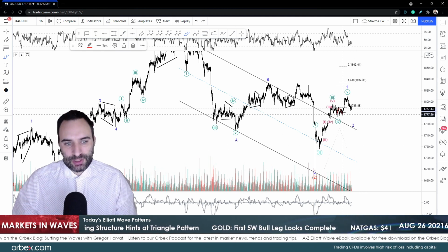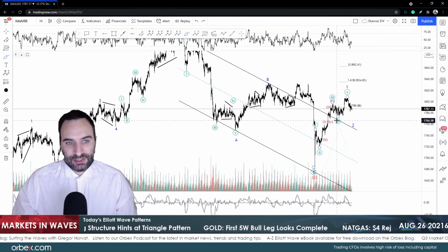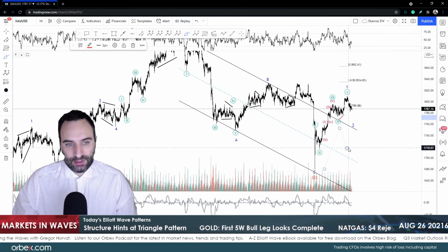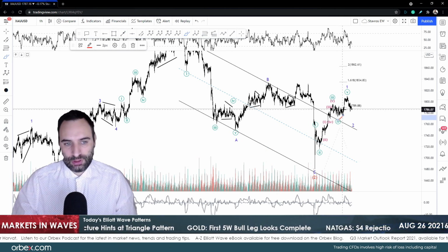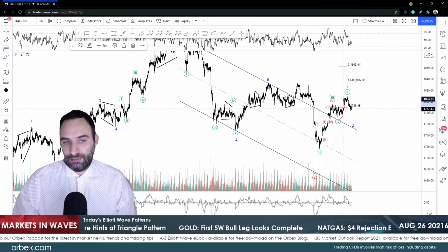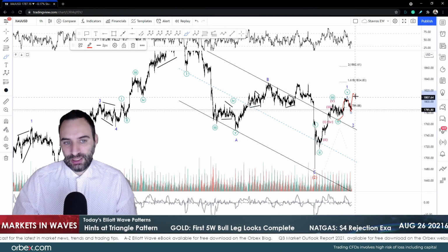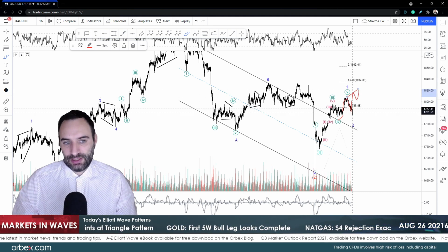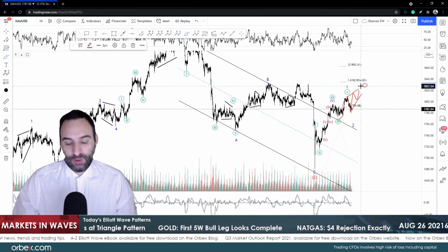This looks like 1, 2, 3, 4, and 5 here, so we're done, right? Unless my 4 is here, because sometimes very short truncations can be expected, especially in flats or WX and Ys. That might be an ABC, and that might be another ABC, and that might become an ending diagonal, and we might finish wave 1 higher up.